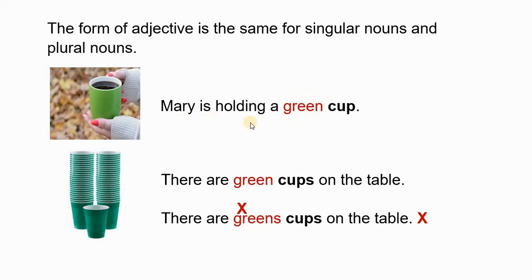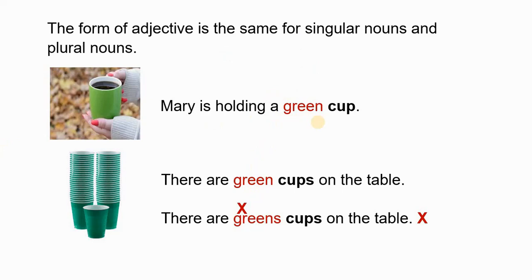Now, let's look at the noun in the plural. There are green cups on the table. So, you can see now, of course, the noun is in the plural, cups, but the adjective is the same.